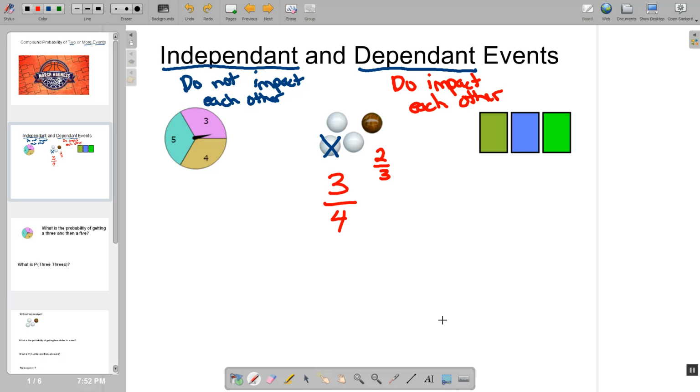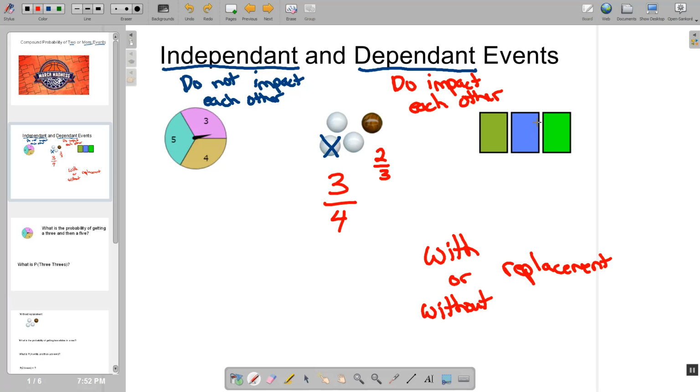So in that situation, we like to use the term with or without replacement. Replacement means, do you put the object back? So for example, if I had a stack of cards like this, and if I pulled the blue card, if I put the card back in the deck, that's with replacement.